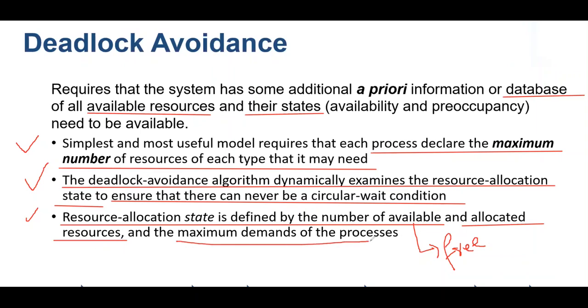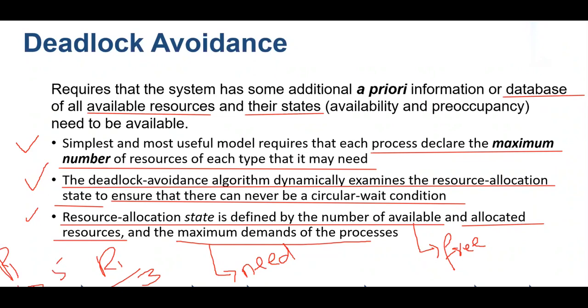And maximum demand. The maximum demand means the needed amount of resources. For example, let me take another example. The system has R1 with 3 instances, but P1 is demanding 5 instances.